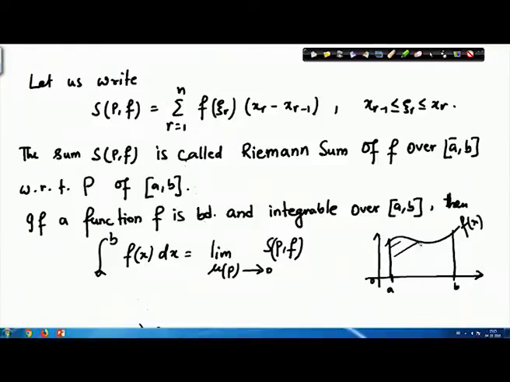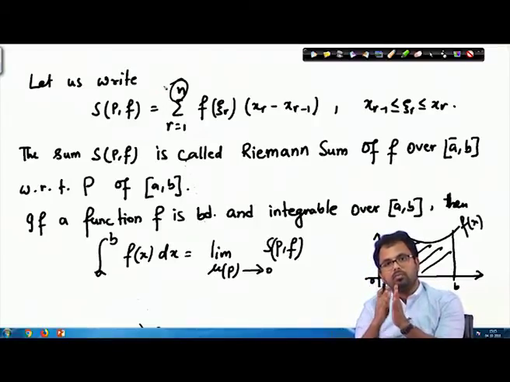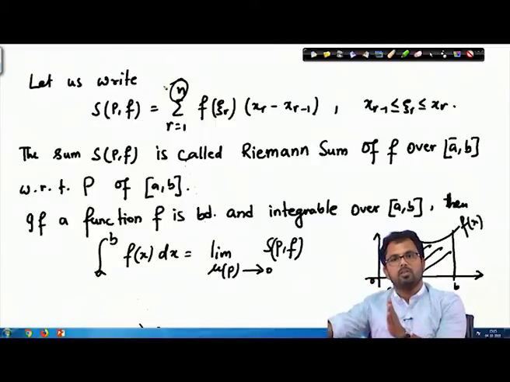Now, if I take the norm of the partition P going to 0, that means I am making the subintervals smaller and smaller, so this n, the number of subintervals, is getting larger and larger. So, I am taking a really large number of subintervals.